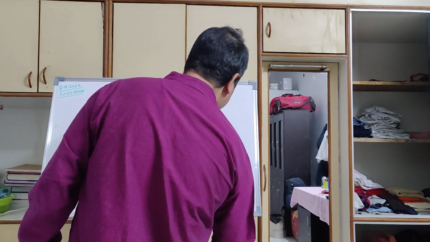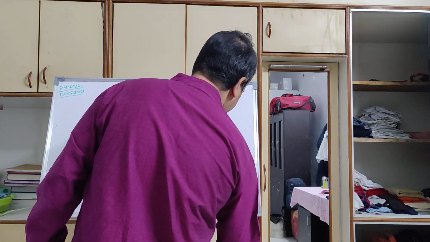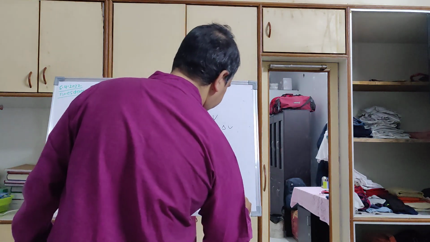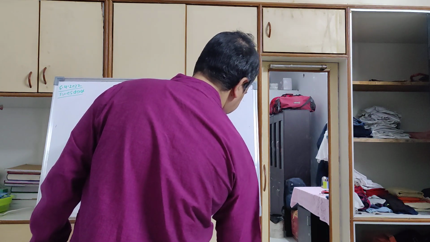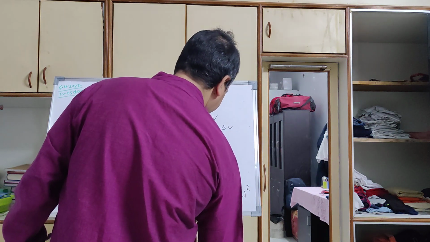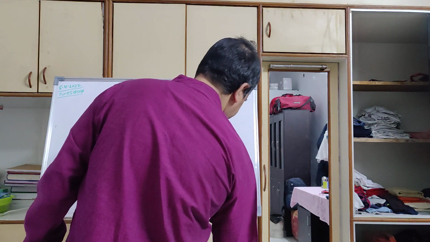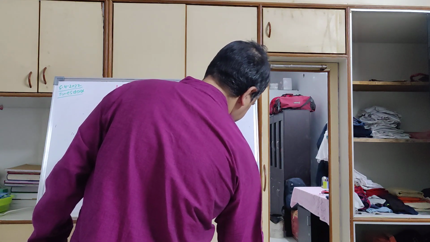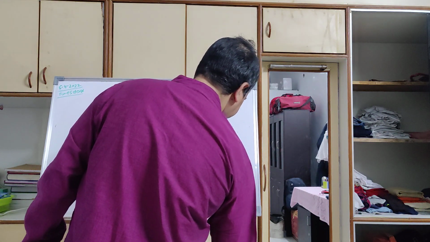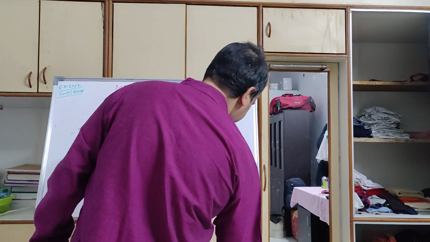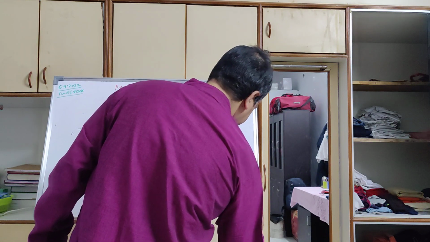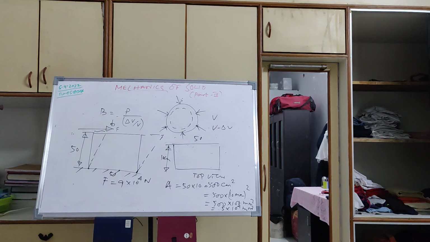We know 1 cm is 10 mm, so 10 mm whole square is 100 mm square. So 500 into 100 mm square is equal to 5 into 10 to the 4 mm square. This is the area on which the force is acting.